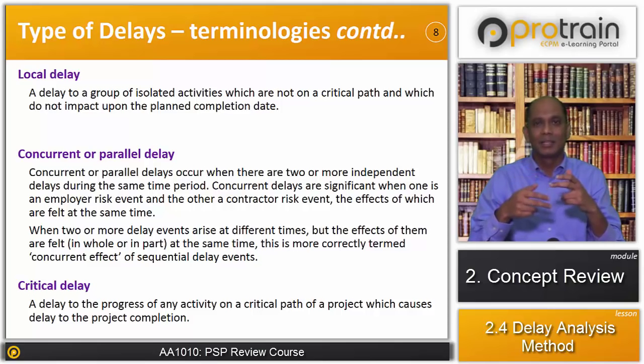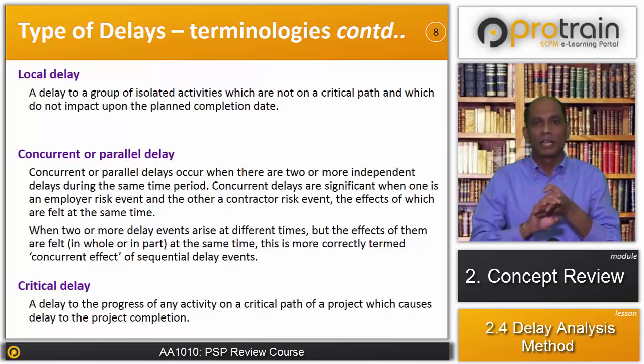So these two delays are parallel to each other, and they eventually affect the installation of the transformer, the testing and commissioning of the transformer, and the overall project. Such delays are called concurrent delays.